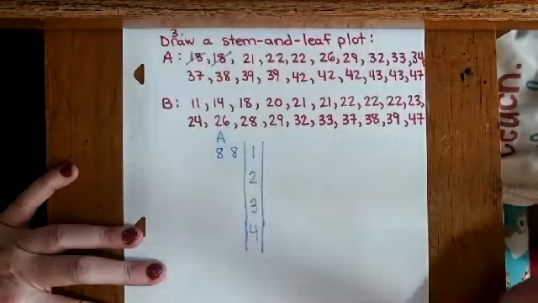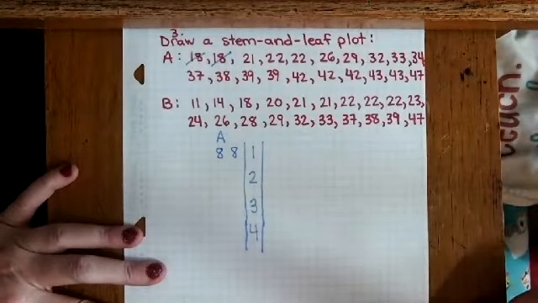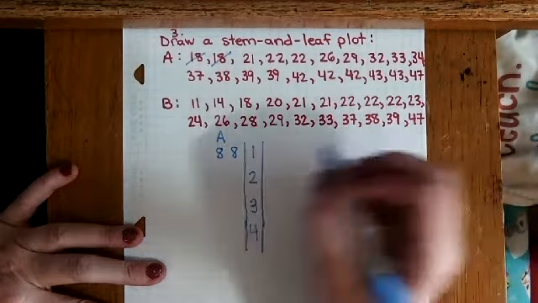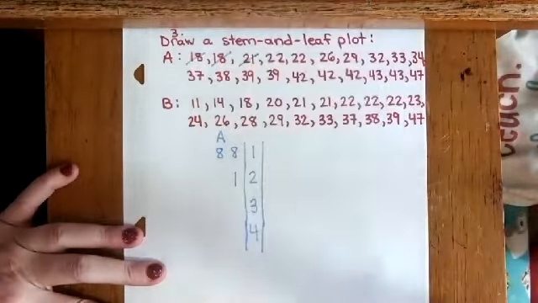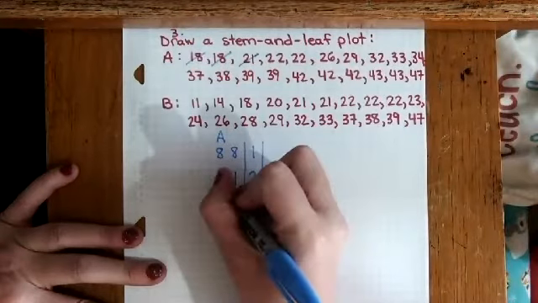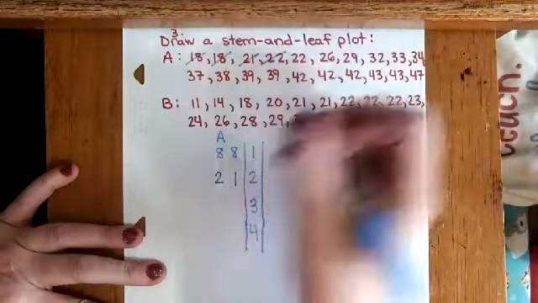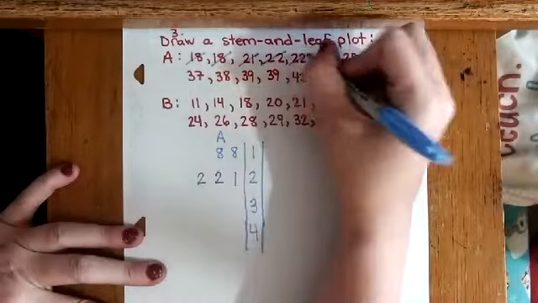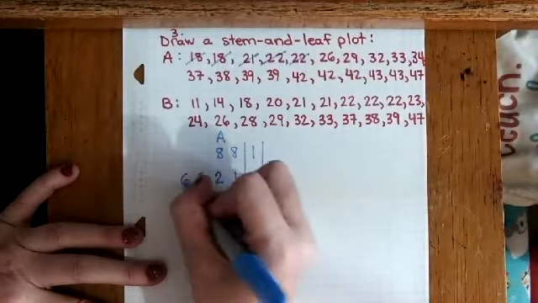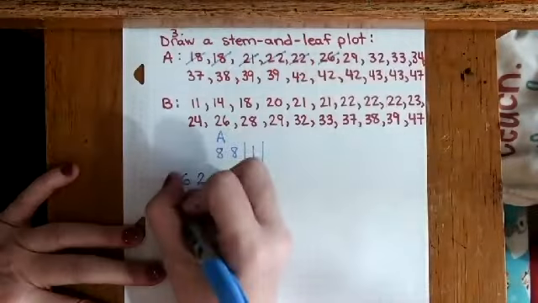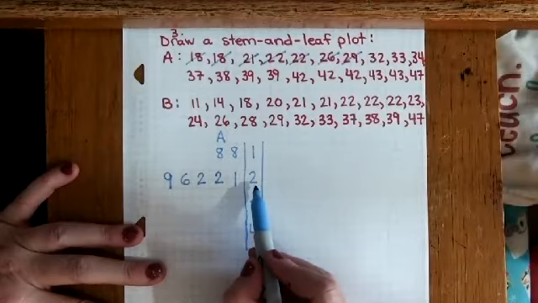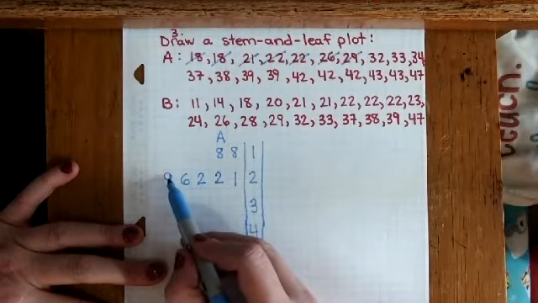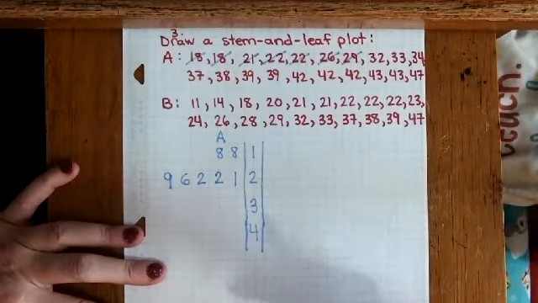And we're done with the tens in list A. Now we can write our 20s out. So remember, we grow from the stem outward. So 21, 22, 22, 26, and 29. The tens digit is on the stem, and the ones digit is in the leaves.